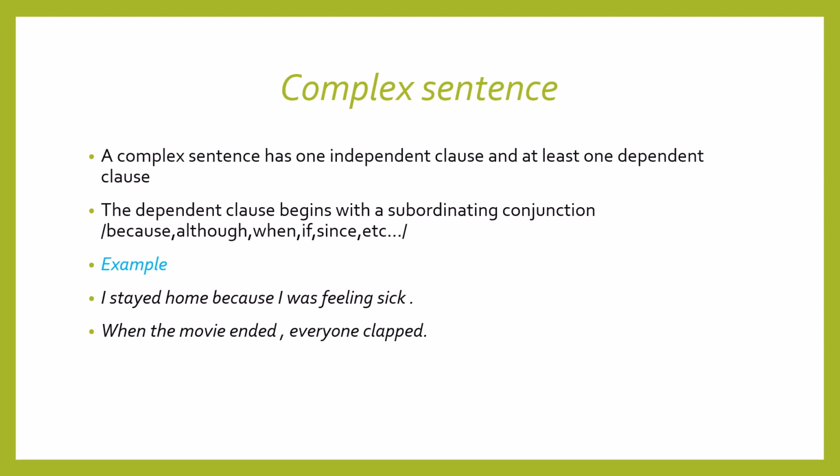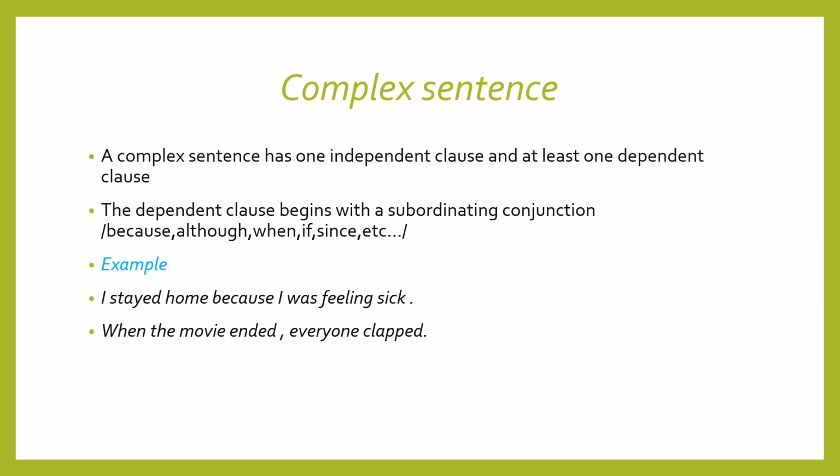A complex sentence has one independent clause and at least one dependent clause. So we can have more than one dependent clause, but we have only one independent clause, a clause that can stand alone, and one or more clauses that cannot stand alone. All right, a dependent clause begins with a subordinating conjunction.